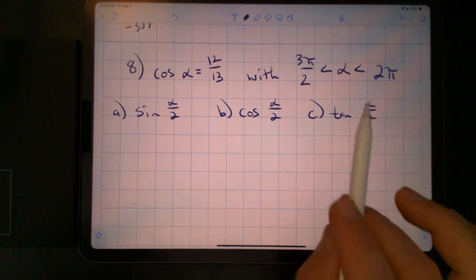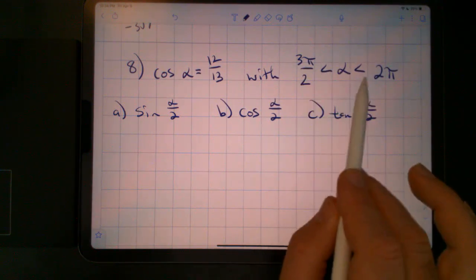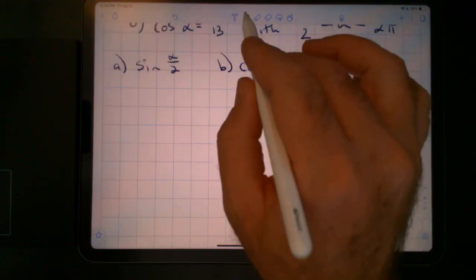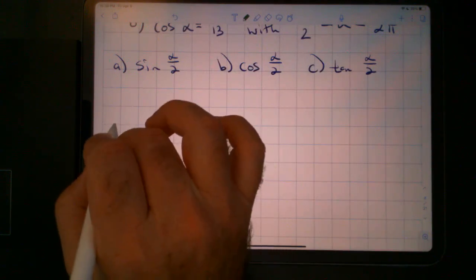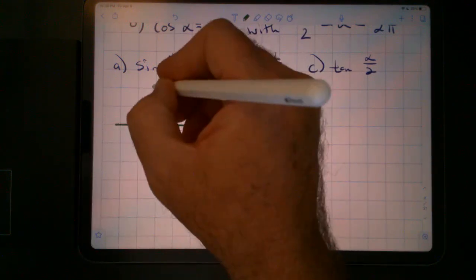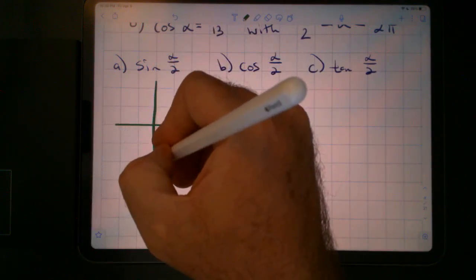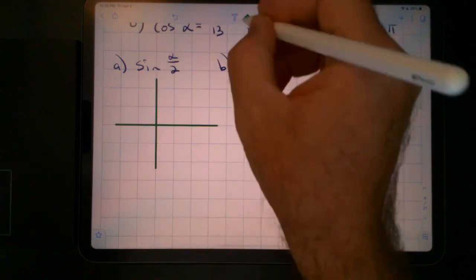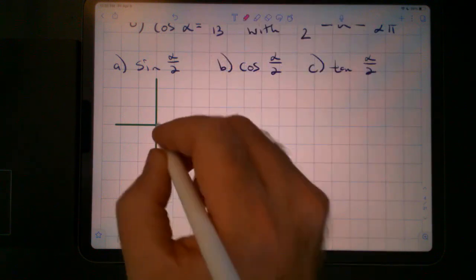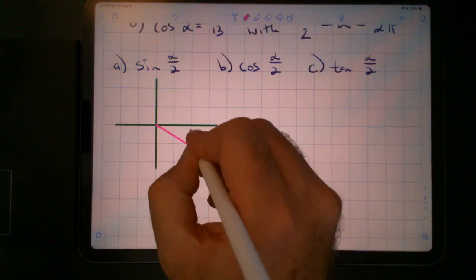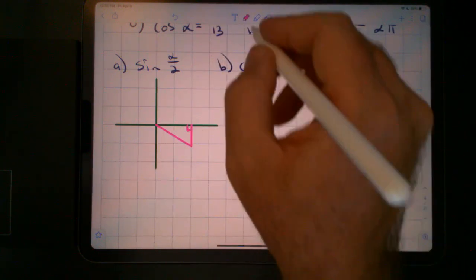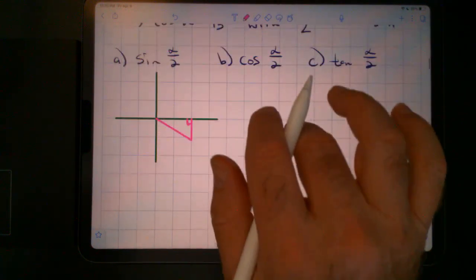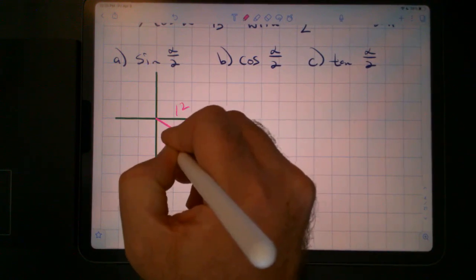Okay. So here we are in quadrant 4. So cosine is 12 over 13.